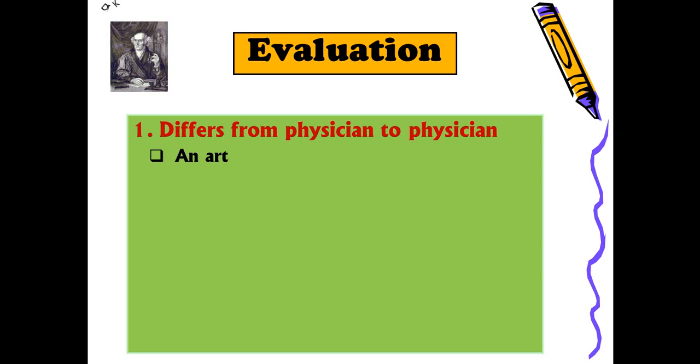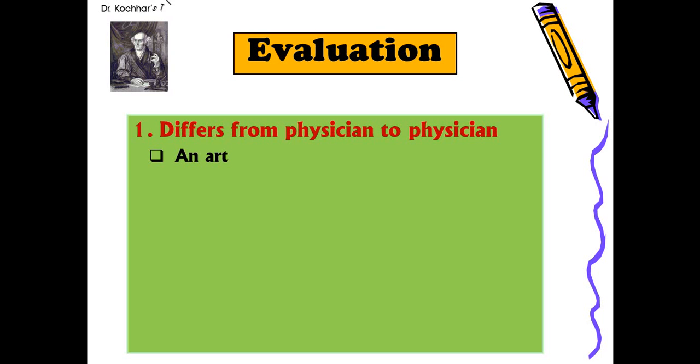Now let us see about evaluation. Evaluation differs from physician to physician. Every physician has got different criteria to do this evaluation. You read Kent, you read Boenninghausen, you read different authors, current authors or past authors.